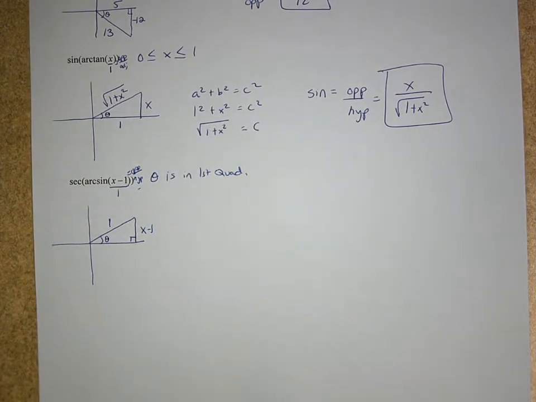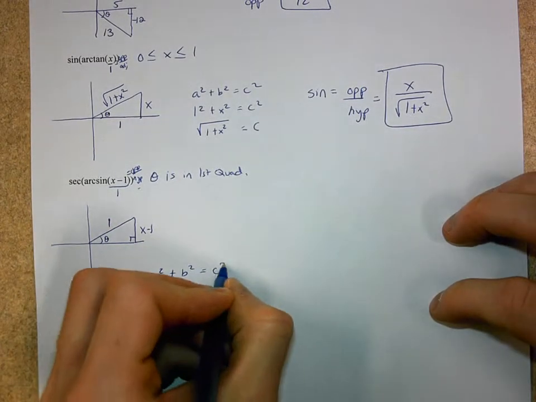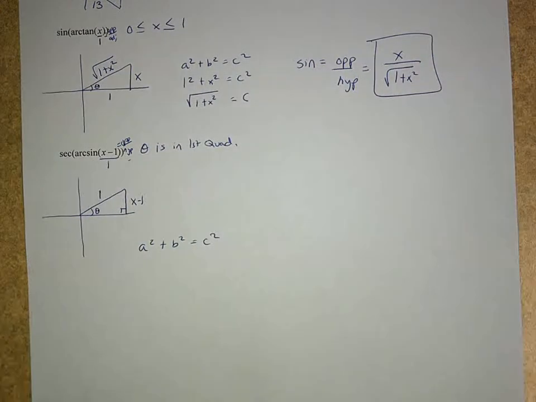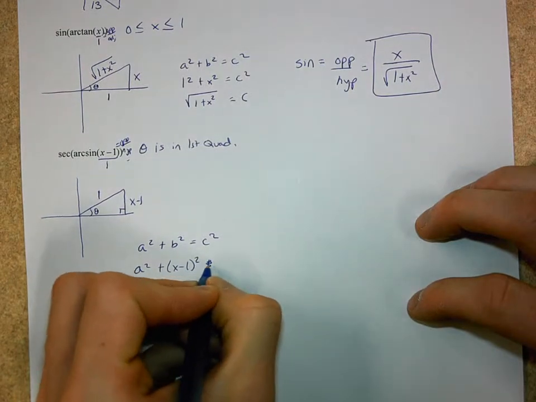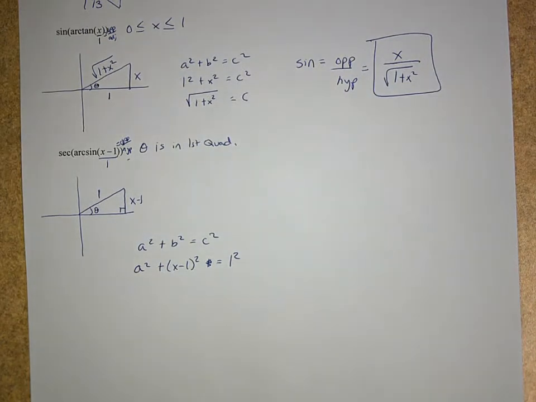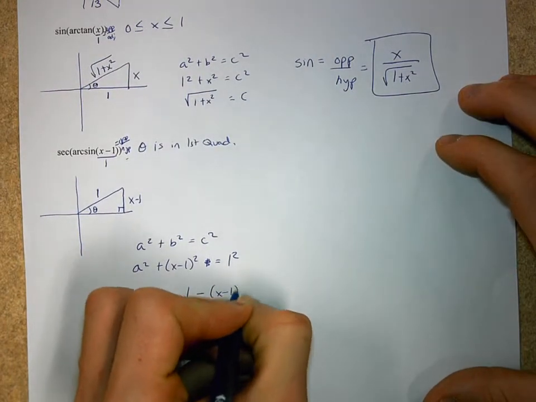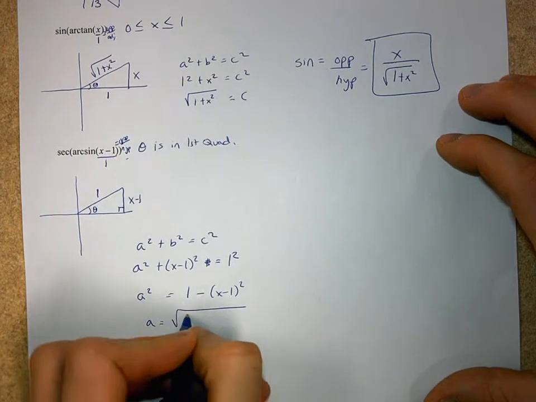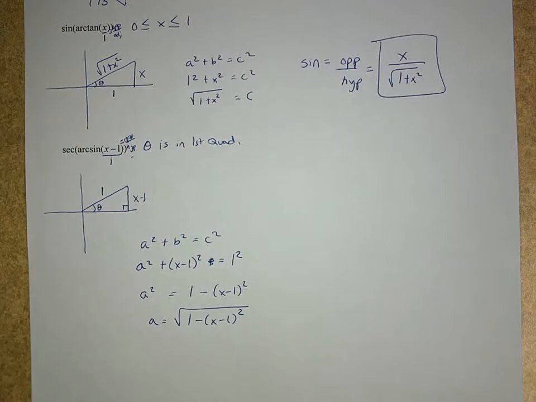This one's going to take some time working with the Pythagorean theorem. A squared plus b squared is equal to c squared. I'm going to solve for a. And I've got that messy situation right there.